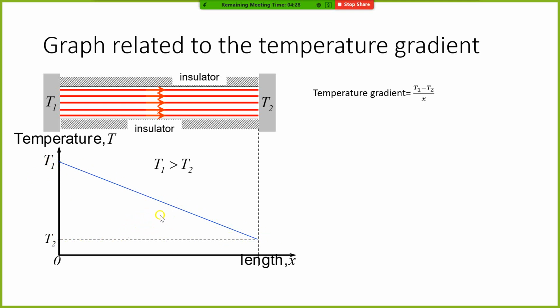What is essentially happening is that the more length, or the further away the heat is traveling, you would expect the temperature to decrease to a certain amount until it reaches the end where you're measuring the temperature. So this is how a regular temperature gradient graph looks, and this is obviously for one piece of conductor.